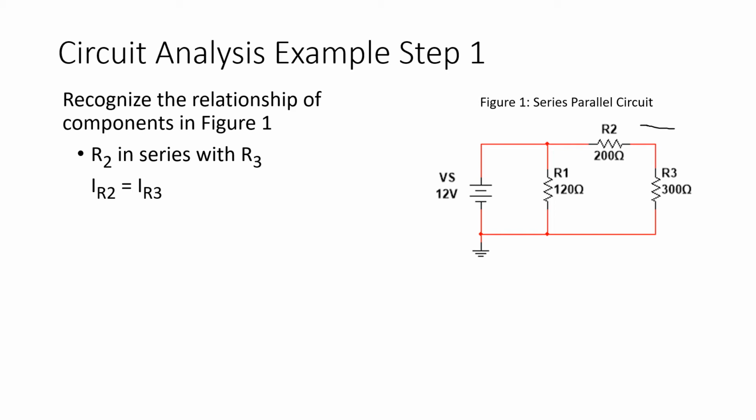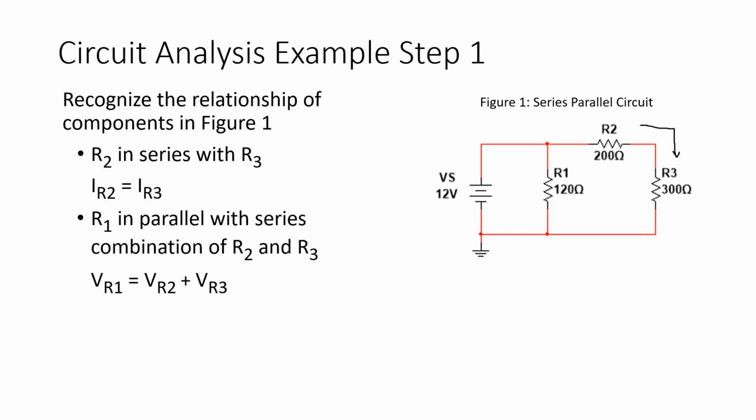Whatever current flows through resistor R2 has to flow through resistor R3. And hopefully you can recognize that resistor R1 is in parallel with the series combination of resistors R2 and R3.